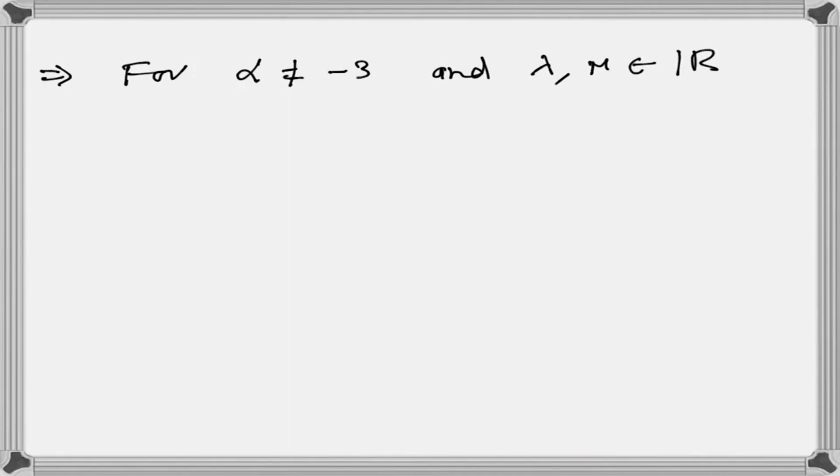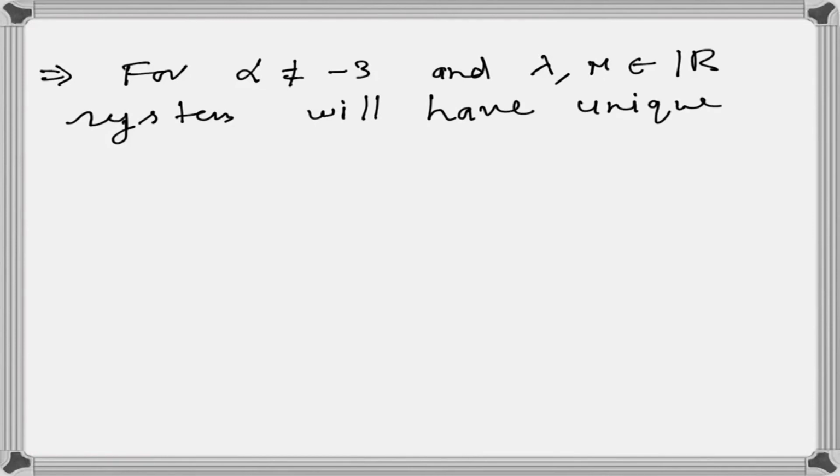So for alpha not equal to minus 3 and lambda, mu belonging to R, any real number, the system will have a unique solution. Okay, so let's solve the second part.